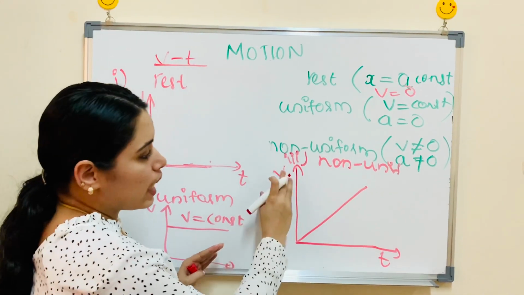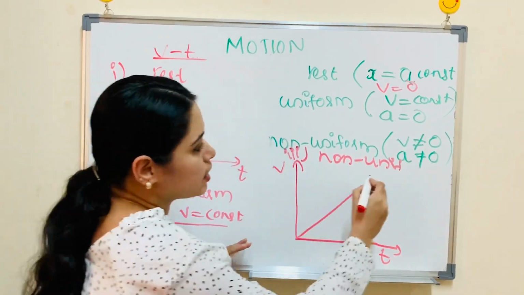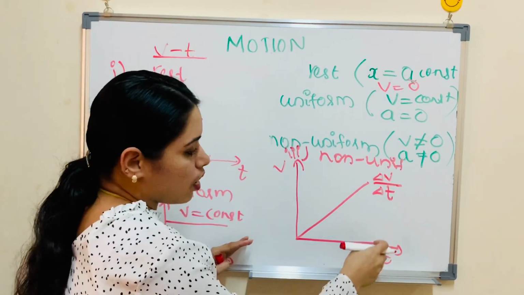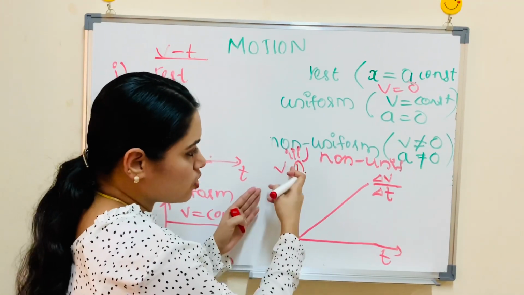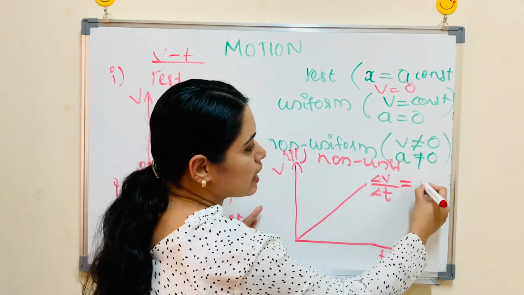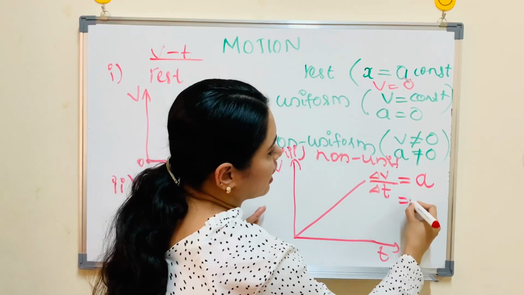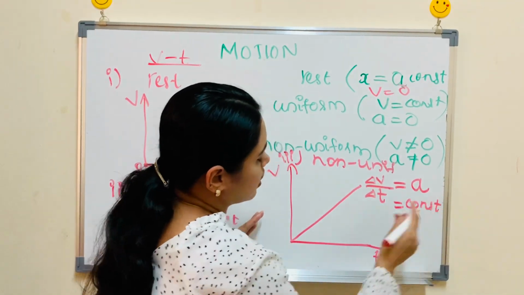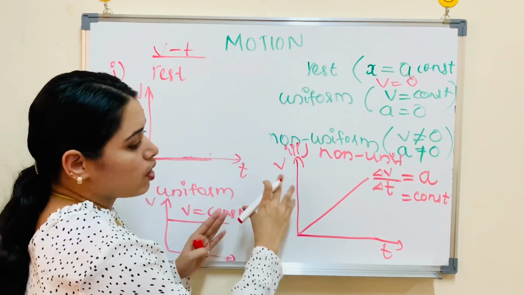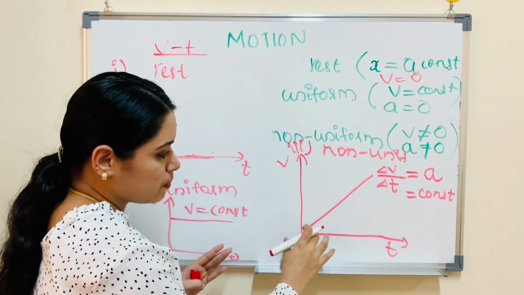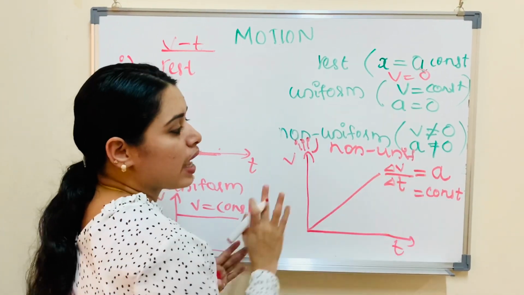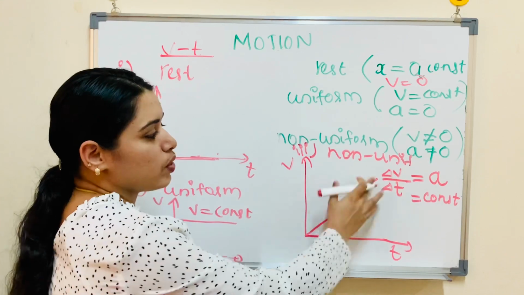Actually, the rate of change of velocity, delta v divided by delta t, with respect to time, is a constant. What is this? Delta v by delta t is acceleration a. That is a constant. So this is a non-uniform velocity time graph, but here the acceleration is uniform.